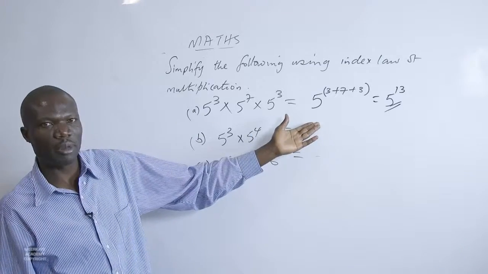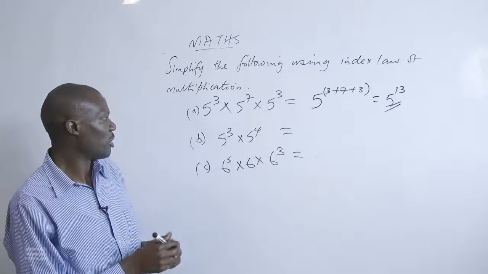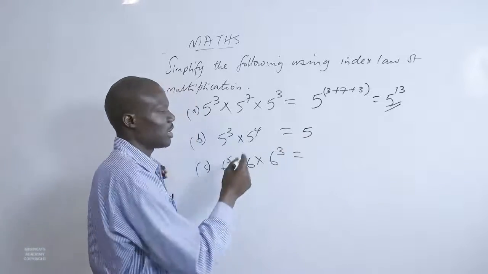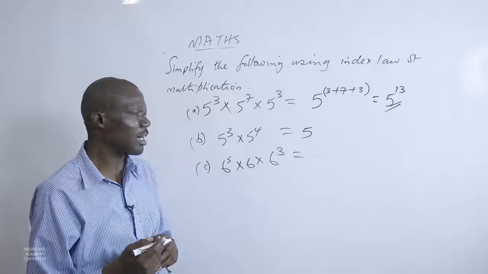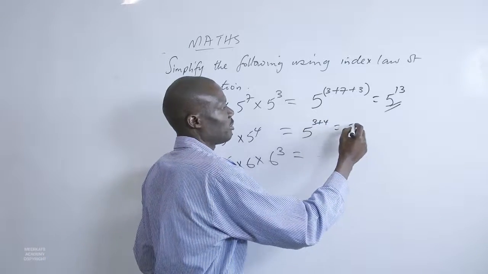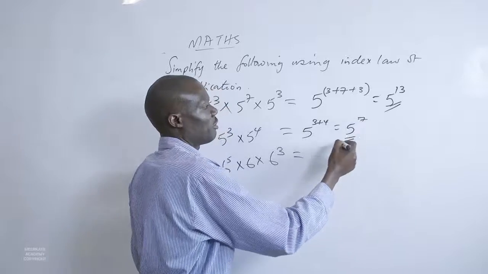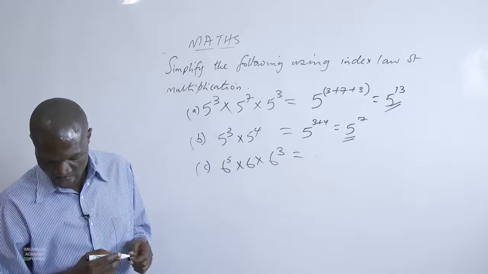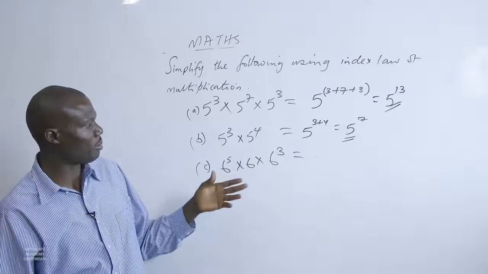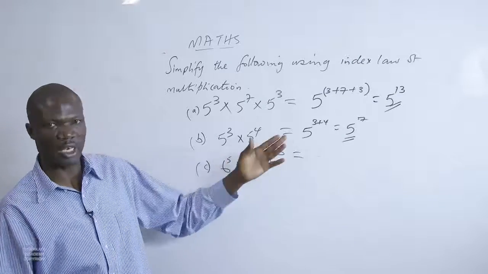Take note, the base remained, but we added the powers. For the second one, we maintain the base because the base is the same. The powers, we have 3 and 4, so we add them. 3 plus 4 gives us 5 to the power of 7, because we are adding the powers.